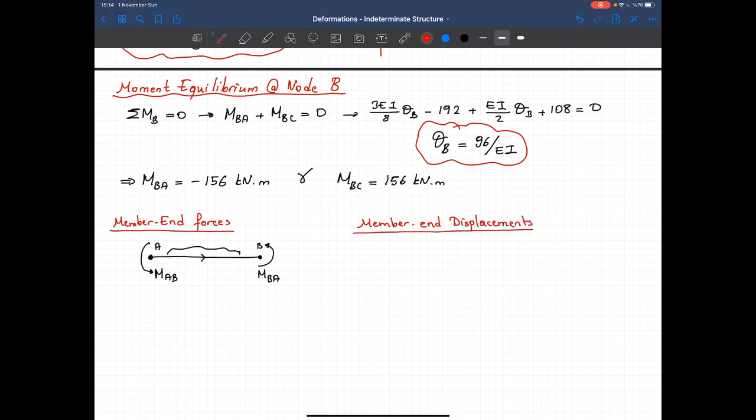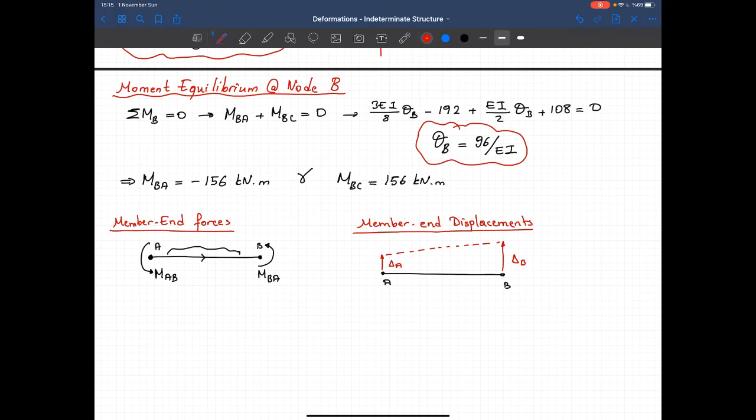Again, I'm taking the same member. Okay, point A, point B. So here I can have a translation, right? Let's call it delta A this time. At point B, I can have a translation, delta B. So this is the chord of that member.